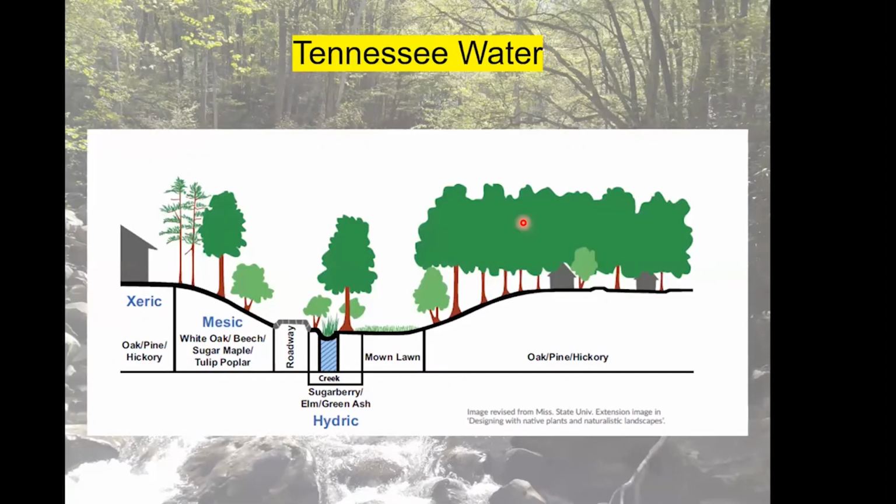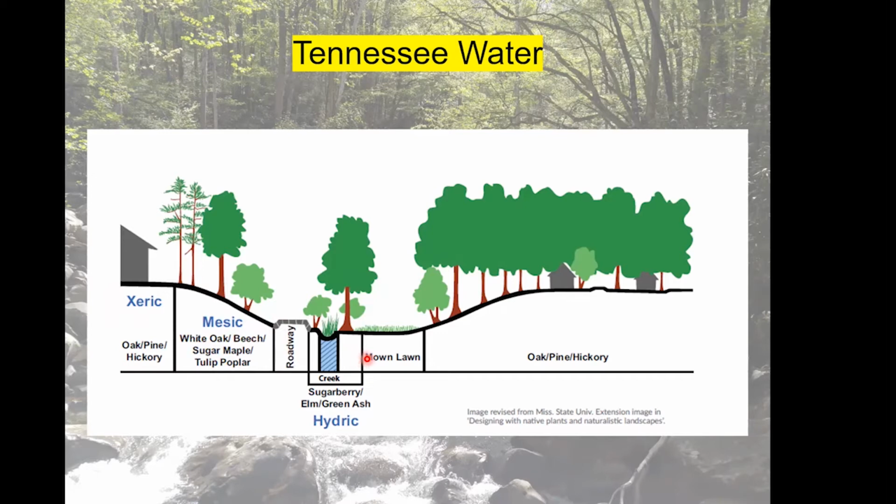Tennessee water, here's how it looks from that standpoint. The xeric is the oak, pine, hickory up there on the higher elevations, where the mesic might be on the slopes. You'll see oaks, beech, sugar maple, tulip poplar in that area.